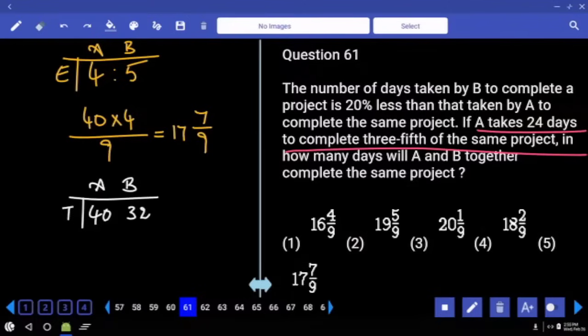If you know the time taken by A and the time taken by B, and want to calculate the time taken by both together to complete the work, you can use AB by A plus B. Come on, AB by A plus B. 8, 5 times, 9 times, 160 by 9, 17 and 7 by 9.